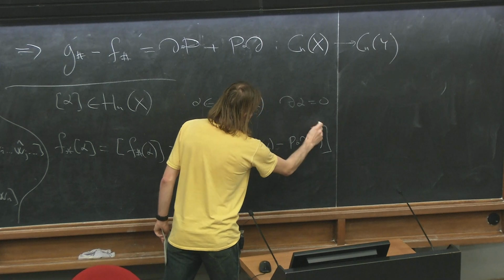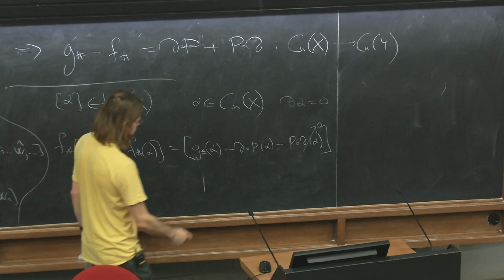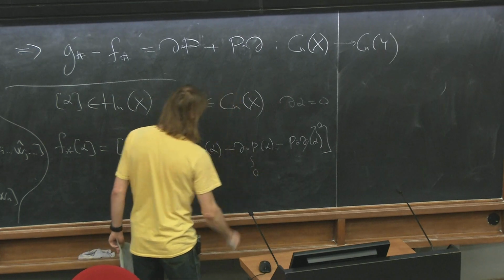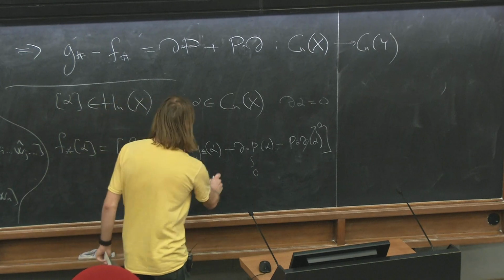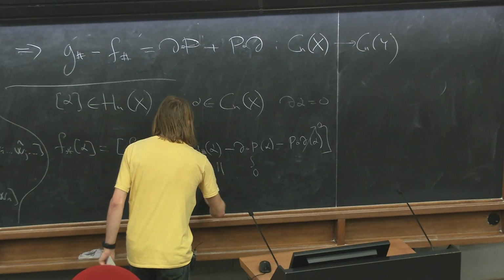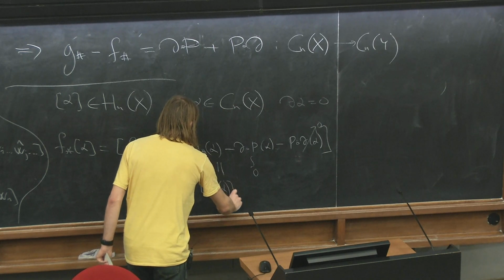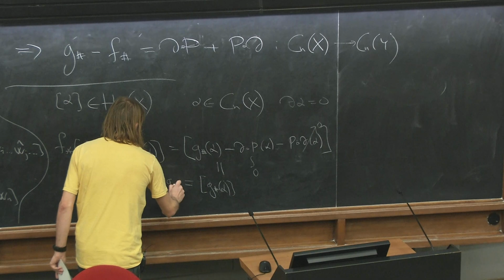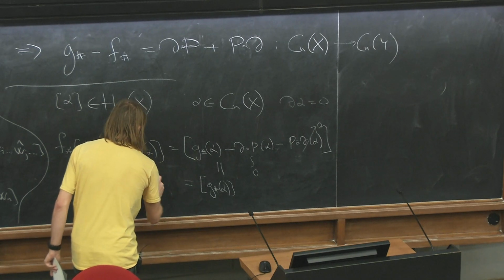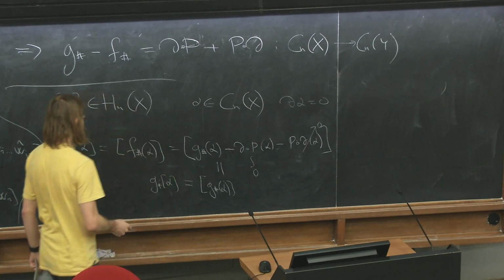Well, this is 0 because the boundary of alpha is 0, and this is equivalent to 0 in homology. So the class of this is 0. So this thing is the class of G sharp of alpha, which by definition is the same as G star applied to the class of alpha.